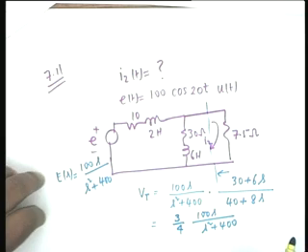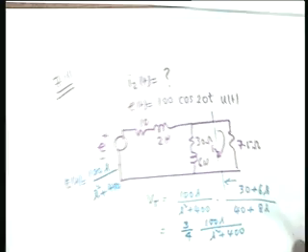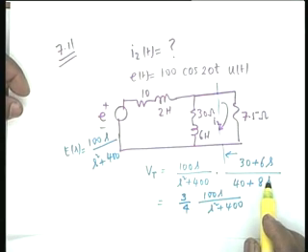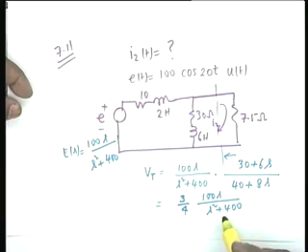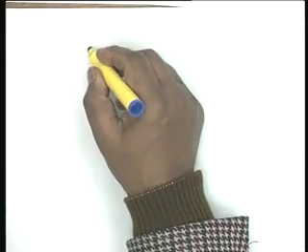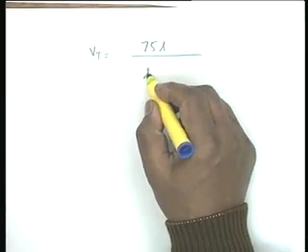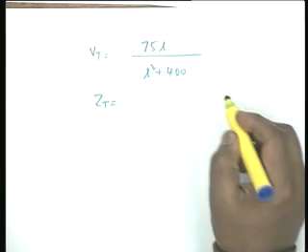Okay? This is a case of degeneracy. Normally I should have a cubic polynomial in the denominator. It's a quadratic because there is a cancellation of terms. Okay, so Vt equals 75S divided by S squared plus 400. And what is Zt?